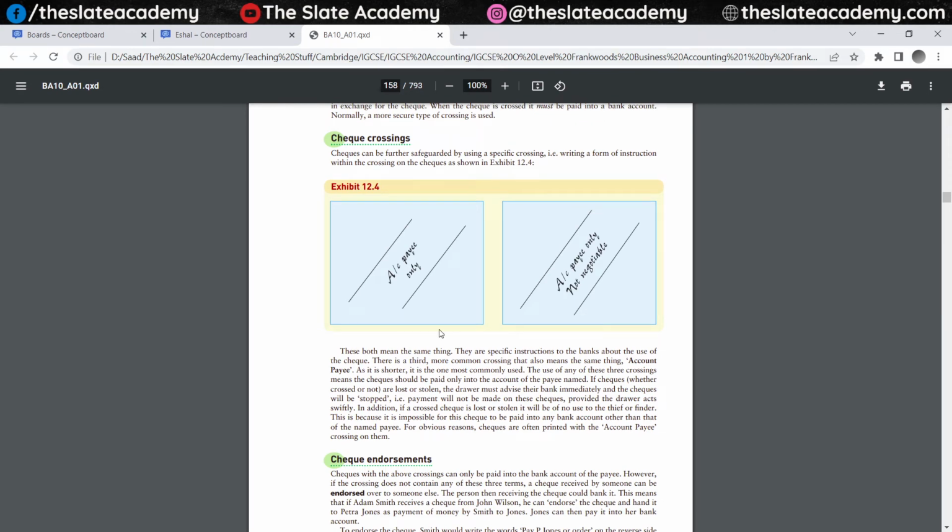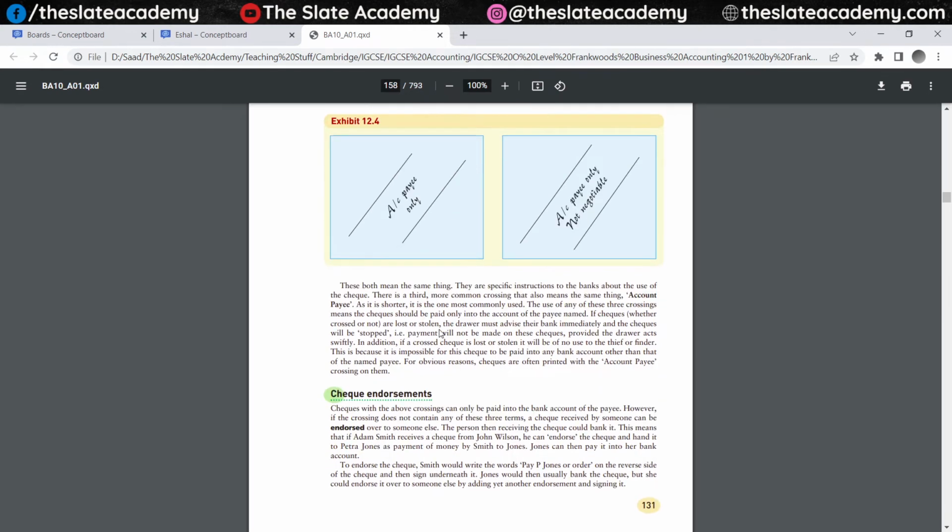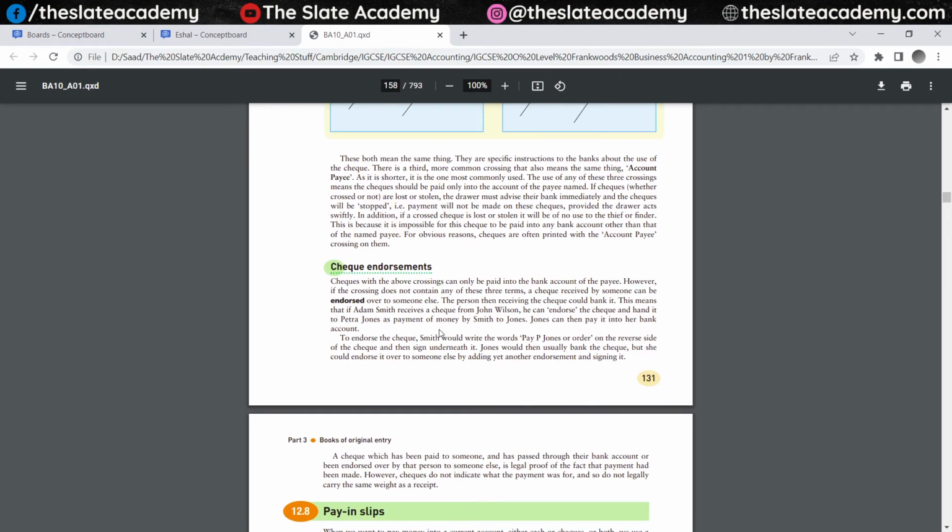Acha, there is this thing of check endorsements and check crossings. These are some things that you would perhaps study in commerce if you take that as a subject. There is a term used which is called negotiable instruments. There is a whole breadth of detail on what negotiable instruments are.